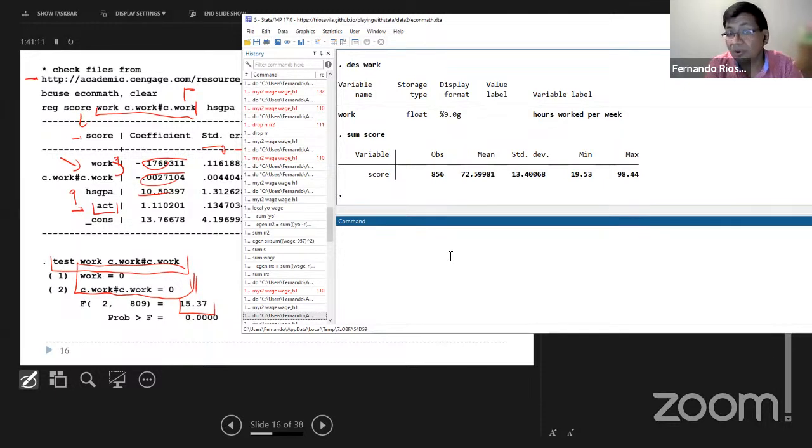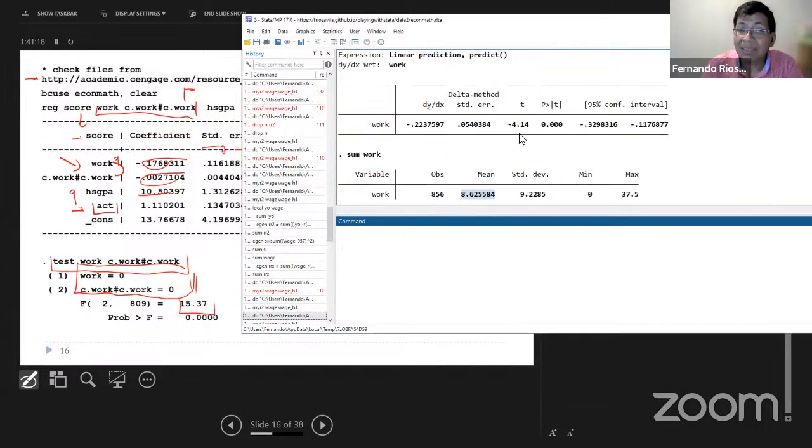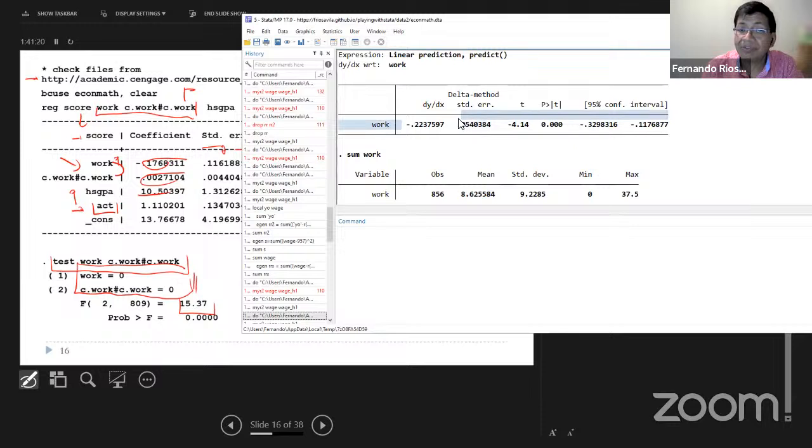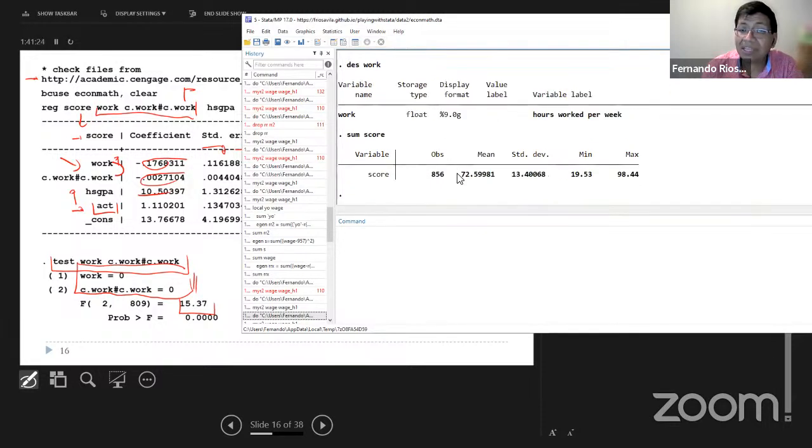So, conclusion, and this is actually very interesting, an additional hour of work does have a statistically significant impact, reducing the score, but the overall impact is actually quite small for one additional hour when you compare it to the average.